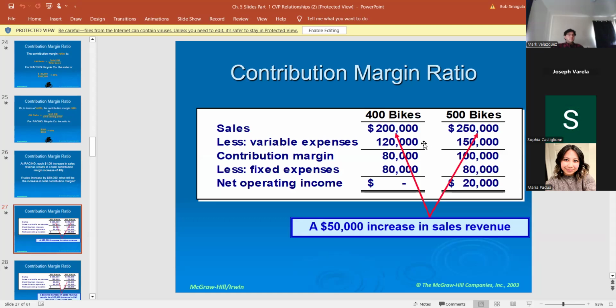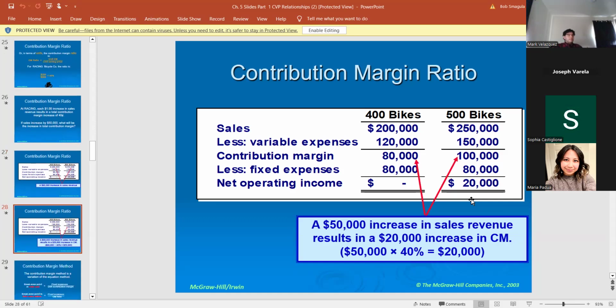The variable costs will go up in the same proportion as the sales. The sales are always variable, and variable expenses go up the same way. So by raising the sales by $50,000 more, we earn additional income of $20,000.